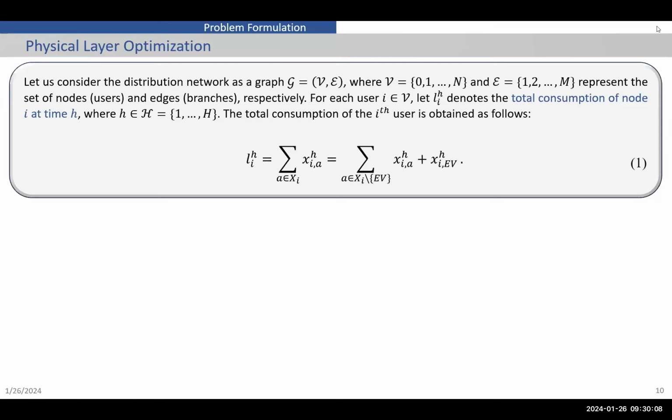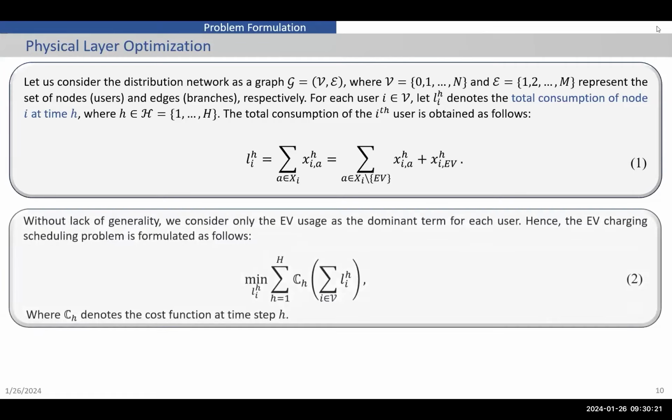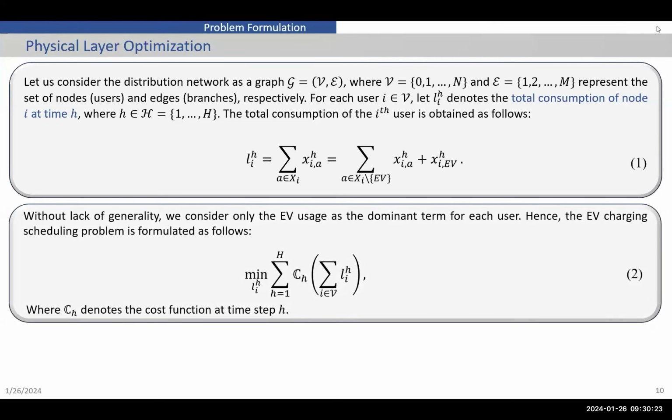So L_i^h is defined as a summation of the consumption of all appliances. And then we differentiate between all the other appliances and the EV. And so, without loss of generality, we can assume that the other appliances, just for now, are constant, they have constant consumption. So we just consider the EV consumption, because the focus of this research is the EV.